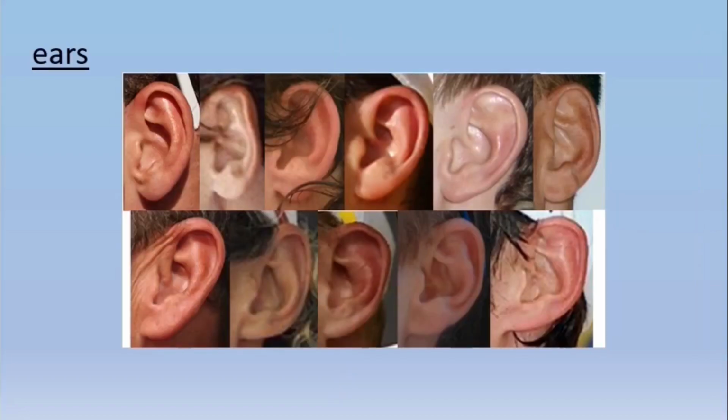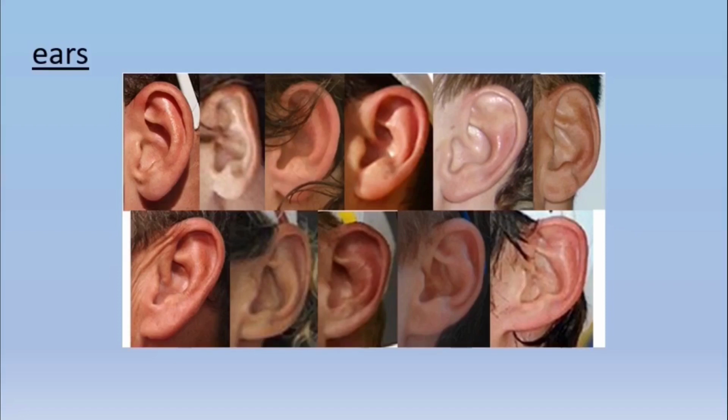Let's talk about ears. Every human ear is different from one another, just like fingerprints. But normally we don't talk about ears unless they're very noticeable. Usually, if we do speak of ears, we talk just about the size of the ear. Oh, he has big ears.